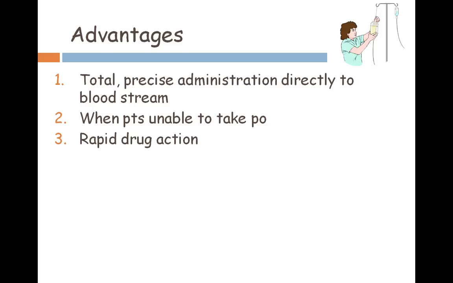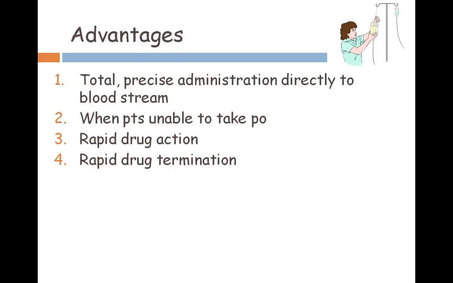It's important when we want rapid drug action, for instance, pain medication or medication for nausea or emergency medications. Sometimes we use the IV route because we need to be able to terminate the administration of the drug rapidly in some situations.